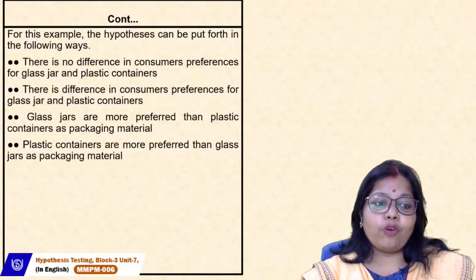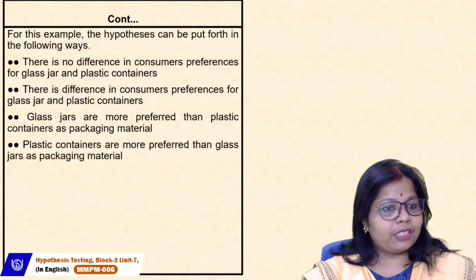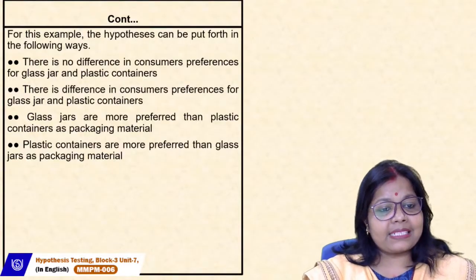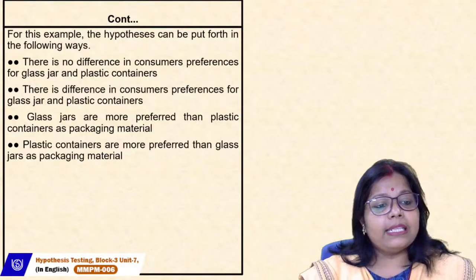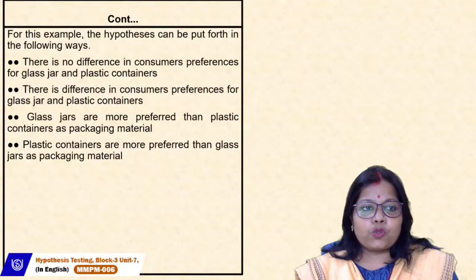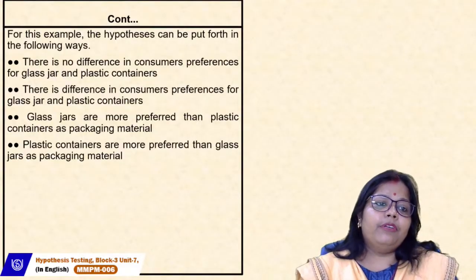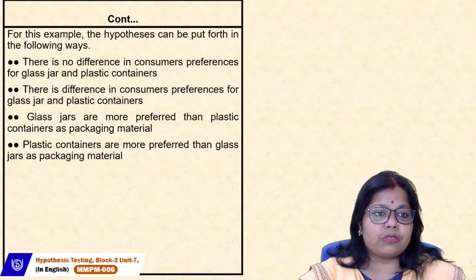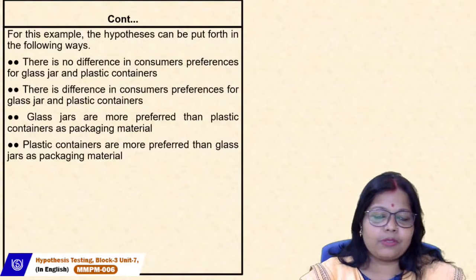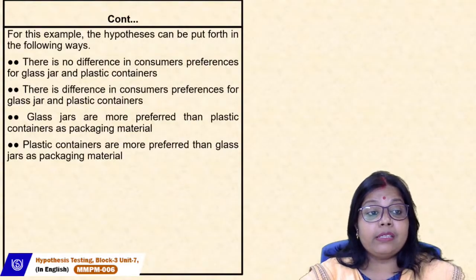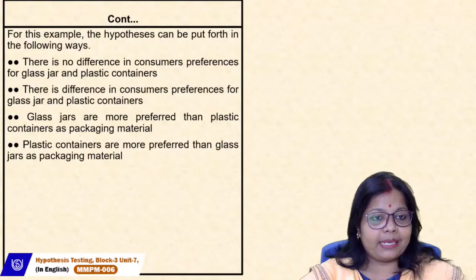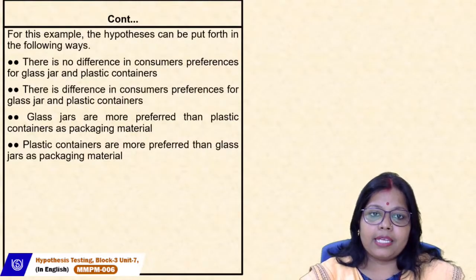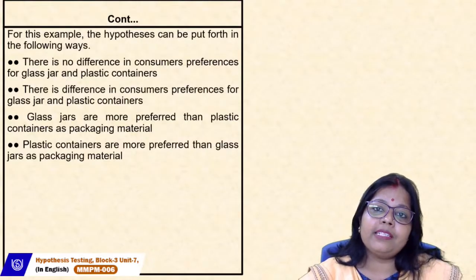Why? The fourth assumption automatically came from the second statement, that plastic containers are more preferred than the glass jar packaging material. So, if we observe these four assumptions, the first assumption is there is no difference. But when the second statement came that there is a difference, then what are the possible differences?